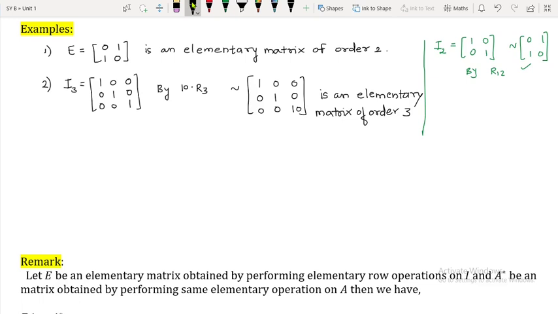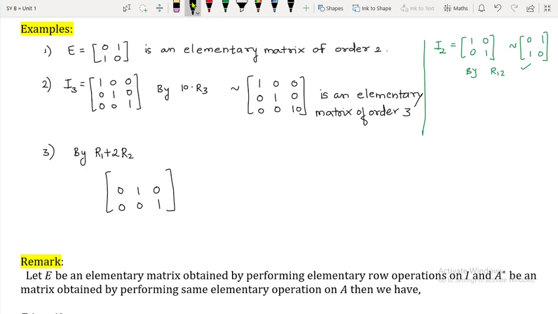Now let us construct a few more examples. The third one. I will perform some operation on I3 now: R1 plus 2 times R2, say. By performing R1 plus 2 times R2, you will get a matrix, and that will be our elementary matrix. The operation is going on the first row, so the first row will change, the second row will be as it is, 0 1 0 and 0 0 1.